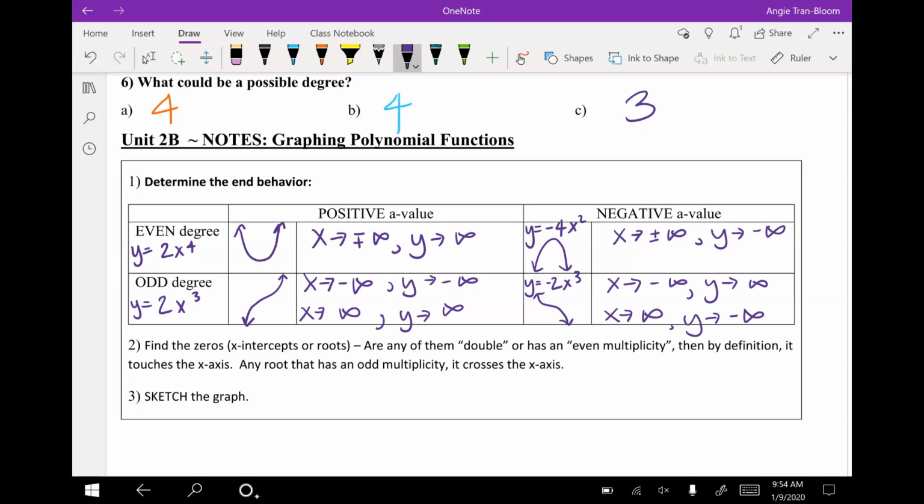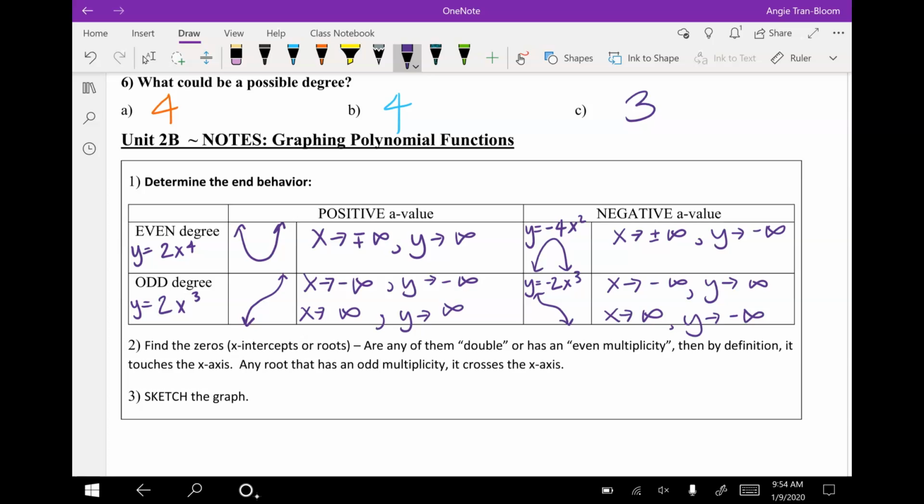Now, guideline number 2. First, you determine the end behavior. Do they go the same way? Do they go the opposite way? Next, to sketch out your graph, find the zeros. Zeros is another word for x-intercept or the roots. So if you see the word x-intercept, real zeros or root, they mean exactly the same thing.